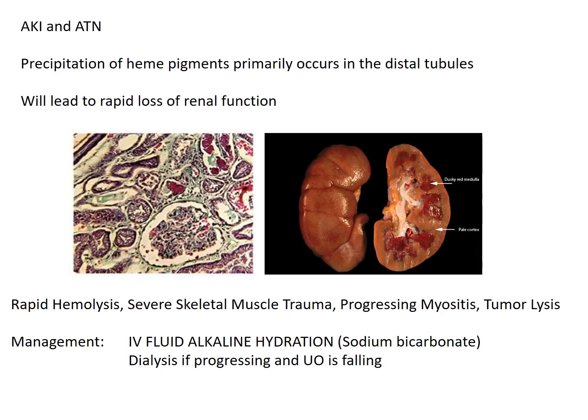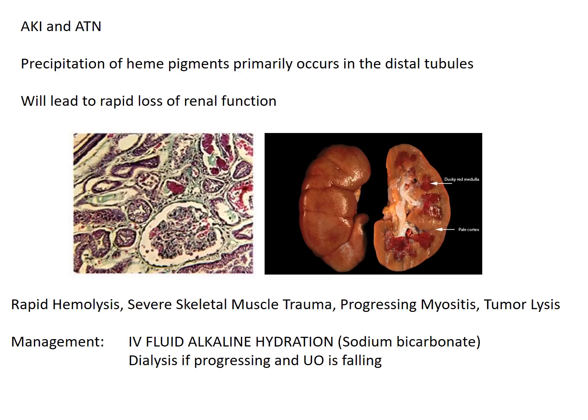And again, here are just some examples of the gross pathology of ATN, big swollen necrotic kidneys, and the histologic pathology, the destruction of the epithelial cells and the precipitation of all that debris in the tubules. Again, be aware of the number of different causes of ATN.